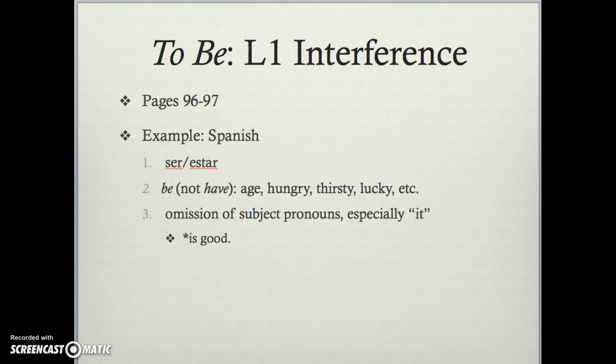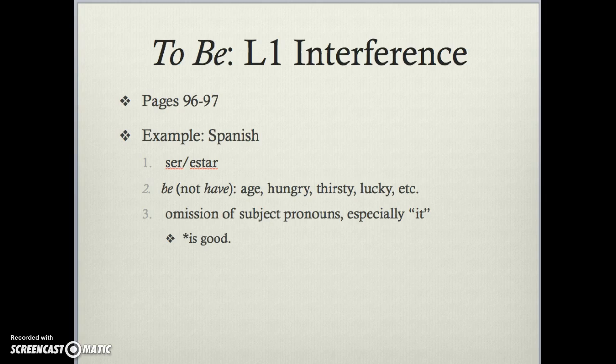Folse addresses specific L1 interference by language groups on pages 96 to 97. For now, I'm going to comment on Spanish as an example, since that is the L1 that I most commonly deal with. Folse states that having 2 forms of be in Spanish might challenge students, ser and estar. So far, that particular aspect has not seemed to be an issue for me. However, 2 other cases surely are.